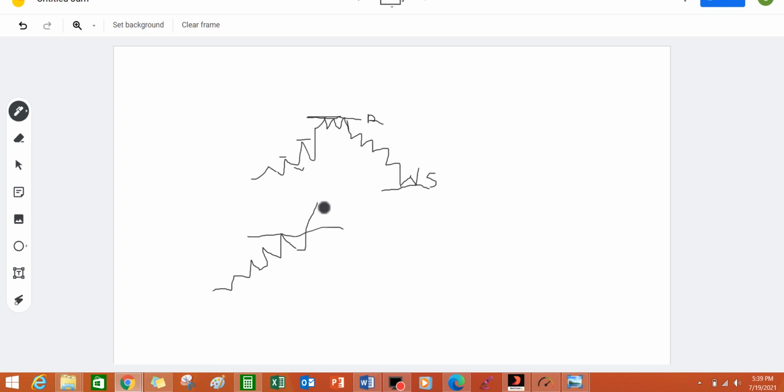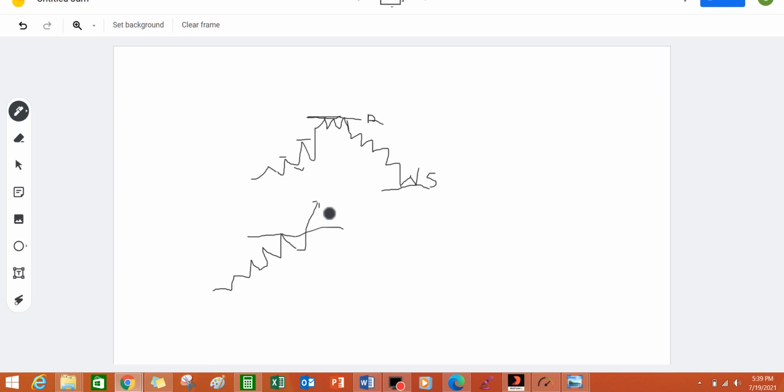It might go up for a very long time, targeting the next resistance level, and this side has now turned into a support level for this region.